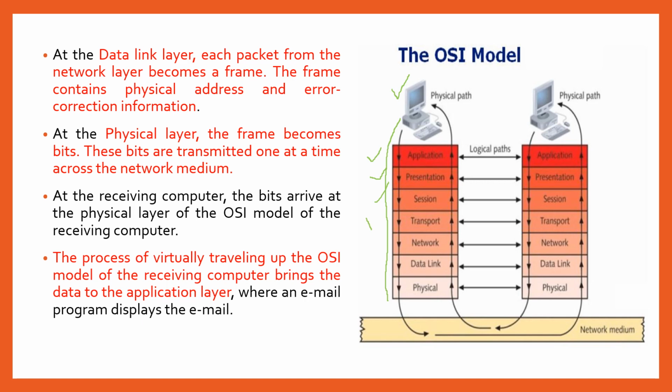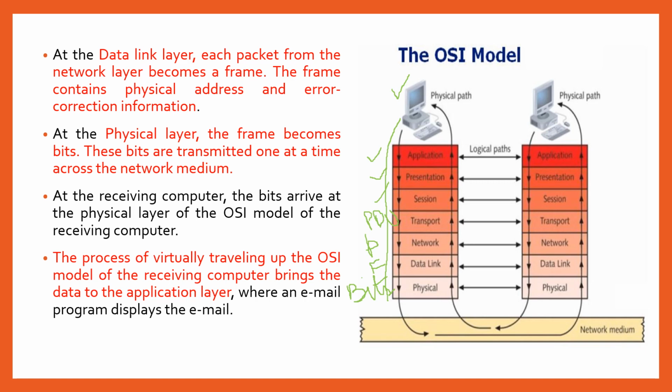Here you call it PDU, or you call it a segment. And next in the network layer you call it a packet. In the data link layer you call it a frame, and when it comes to the physical layer, it forms bits, and these bits are ready to be transmitted into the network.